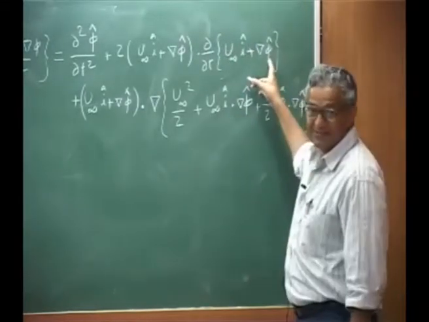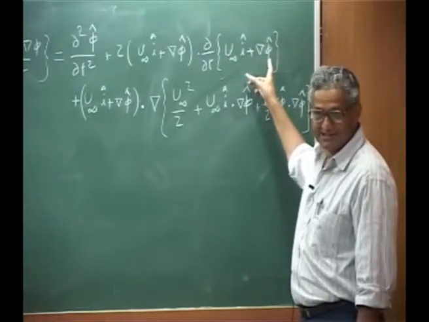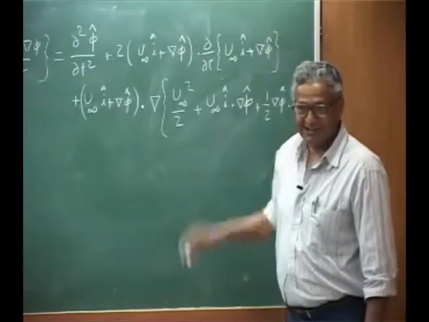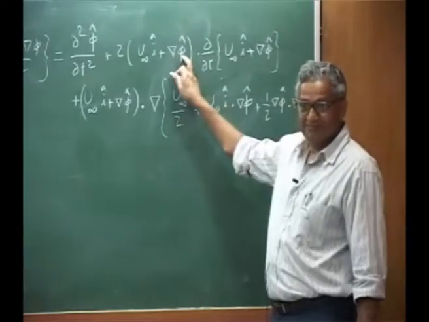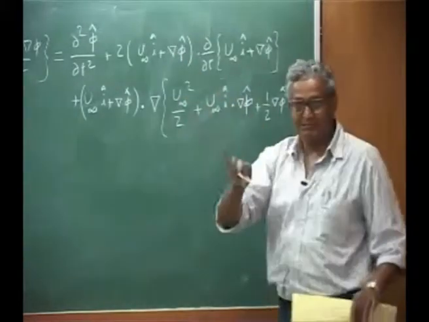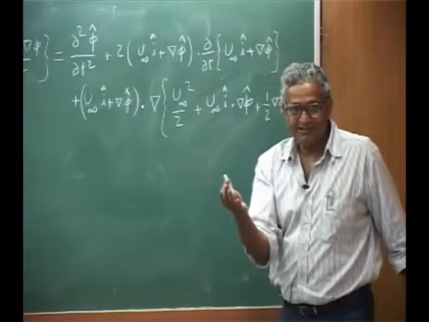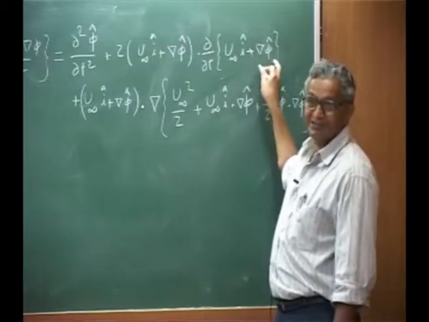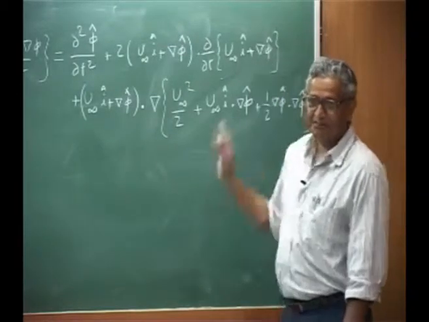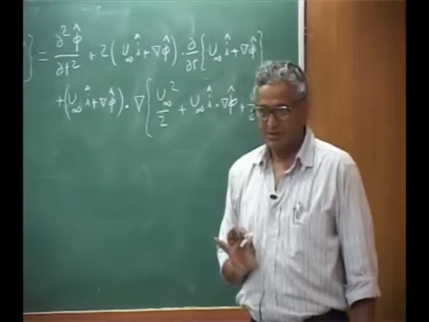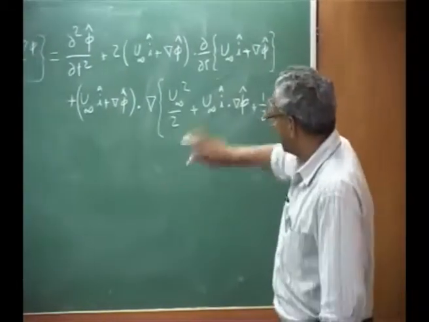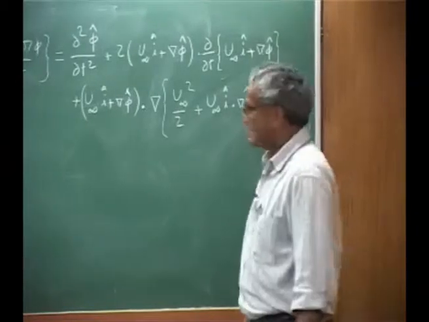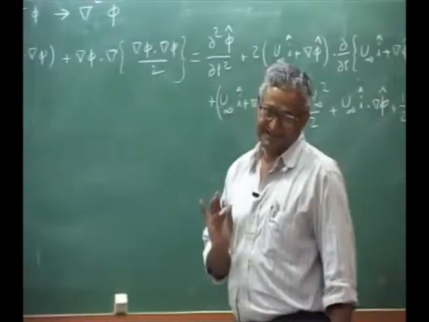But this del phi is nothing but delta phi by delta x I, delta phi by delta x j, etc. Then this is also del phi. These will become higher order terms. So you take only u infinity I and the I of this term. That will be a linear term. So you neglect all the non-linear terms from here. Retain only the linear terms.